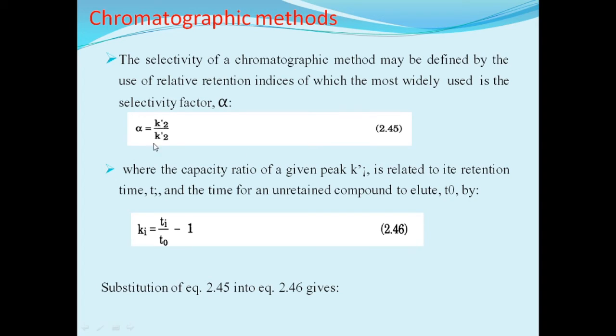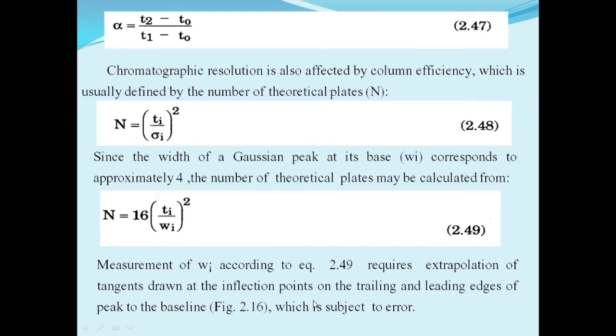And selectivity factor alpha is k' 2 upon k' 1; this equation is 2.45. Substituting equation 2.45 into equation 2.46 gives alpha is equal to T2 minus T0 upon T1 minus T0, equation 2.47.